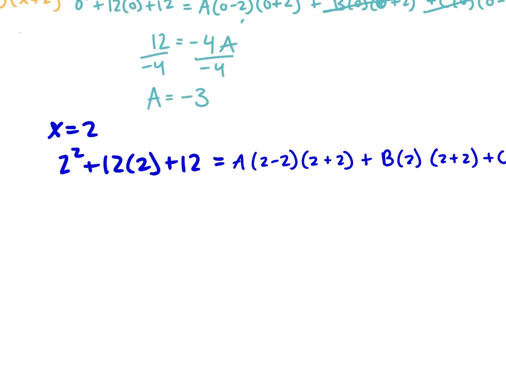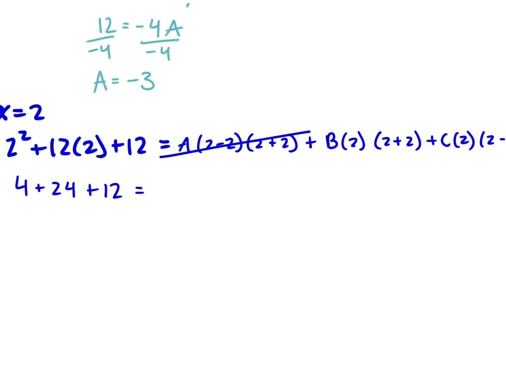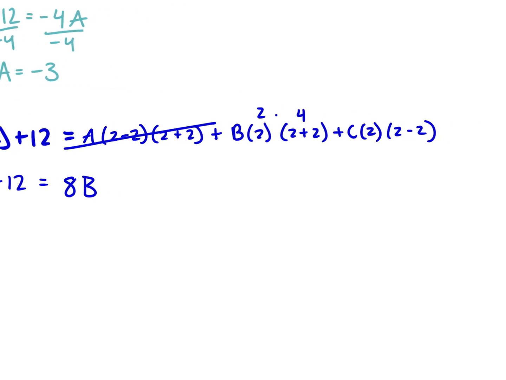So on the left side, 2 squared would be 4 plus 24 plus 12. Then we have A. What's 2 minus 2? 0. So this cancels. For B, 2 plus 2 would be 4. And what's 4 times 2? So we've got 8B. And then for C, what's 2 minus 2? 0.